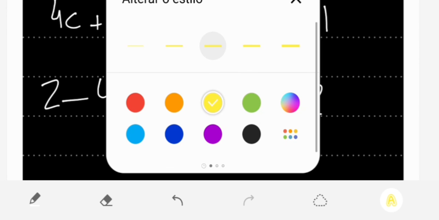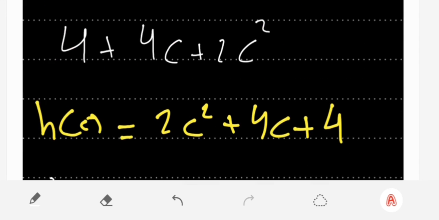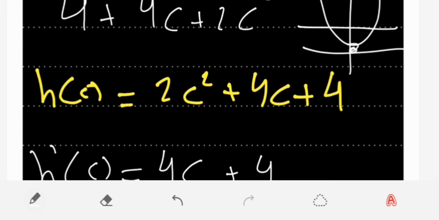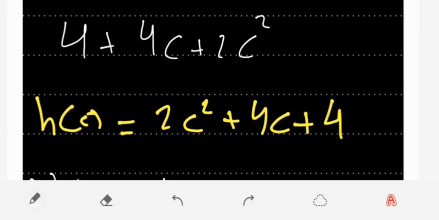What was I talking about without calculus? You know that this function over here is a parabola, a smiling parabola, because the 2 is positive. So it has a minimum point. Even though the parabola is smiling, the point of the vertex is the minimum.